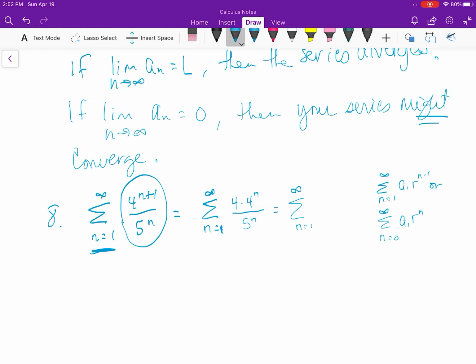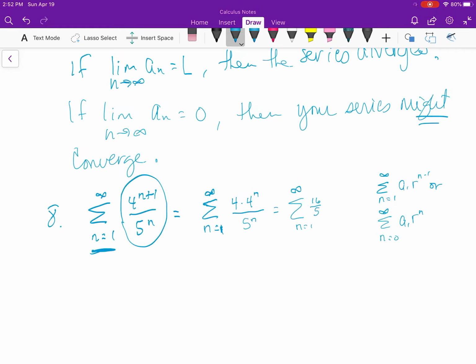So we want to take this and write it differently. You might begin by thinking this would be 4 times 4 to the n over 5 to the n. But this still starts at 1. If it started at 0, this would be an easy problem, because I could just say 4 times 4/5 to the n. But it starts at 1, so I need this to be n minus 1.